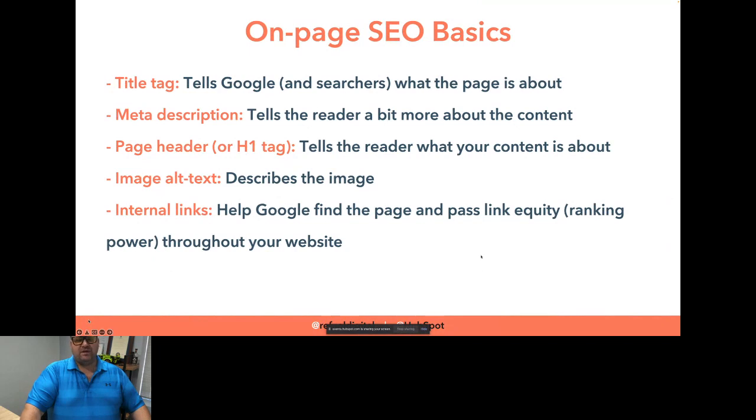It also appears as the name of the article in the search results, which is often an overlooked aspect. Then we've got our meta description. That tells the reader a bit more about the content, and as long as it's relevant to the topic, it should also appear underneath your title tag in the search results.